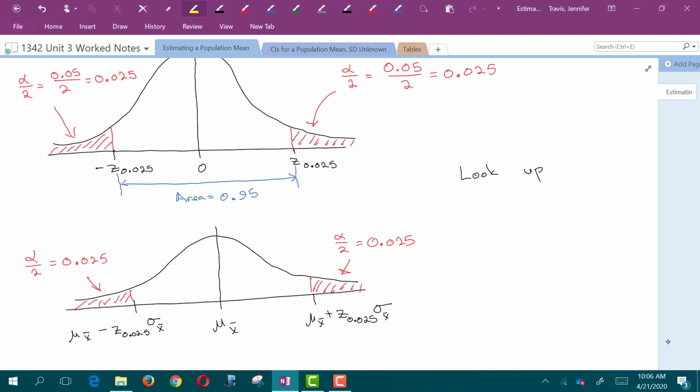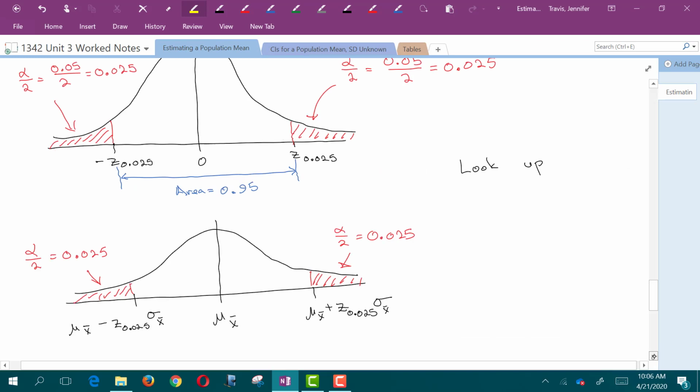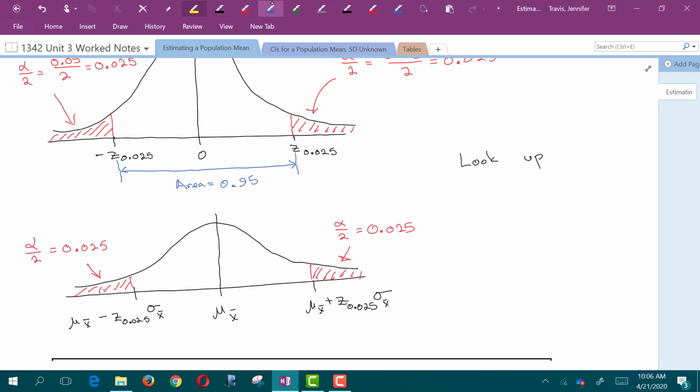We need to figure out the area to the left. So the area to the left of that positive critical value is what? 0.975. How did I get that?